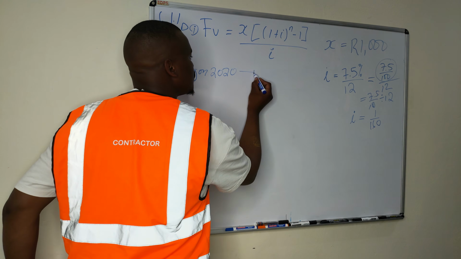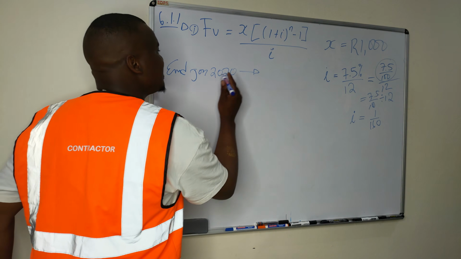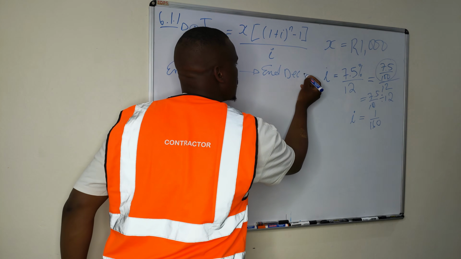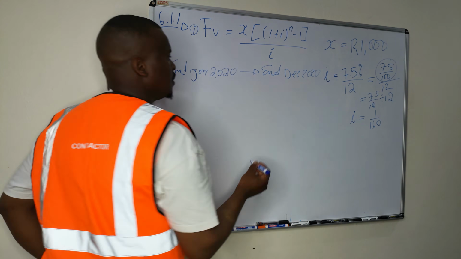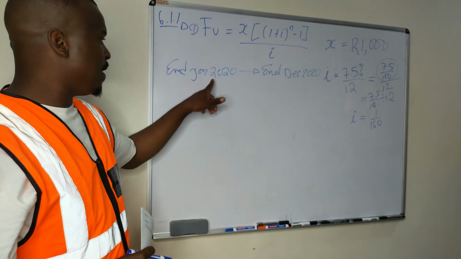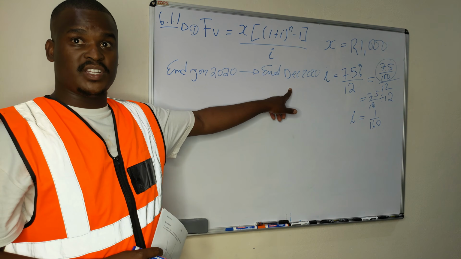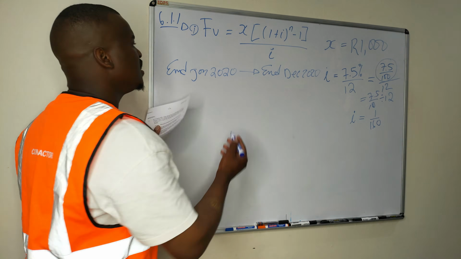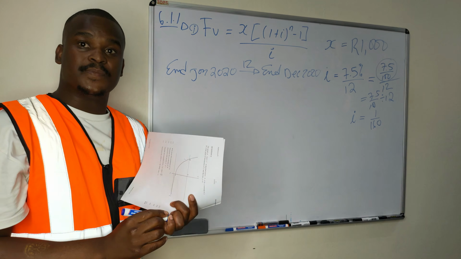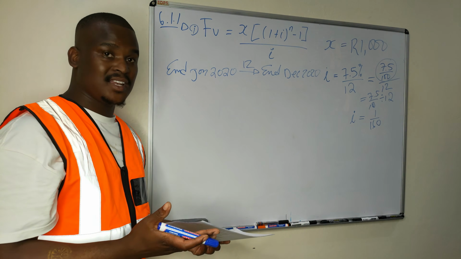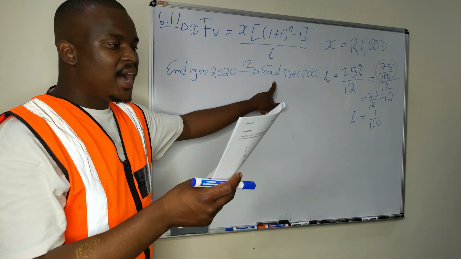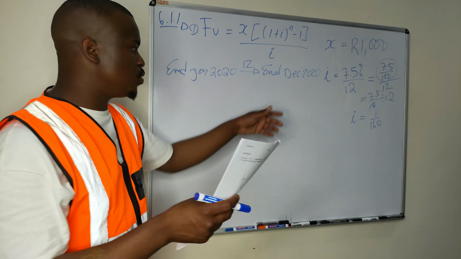So at the end of December 2020, 12 payments will be made, because it runs from the end of January up until the end of December 2020. So in 2020, there will be a total of 12 payments made that year, because this person is making payments monthly. But this continued up until 31 January 2032.